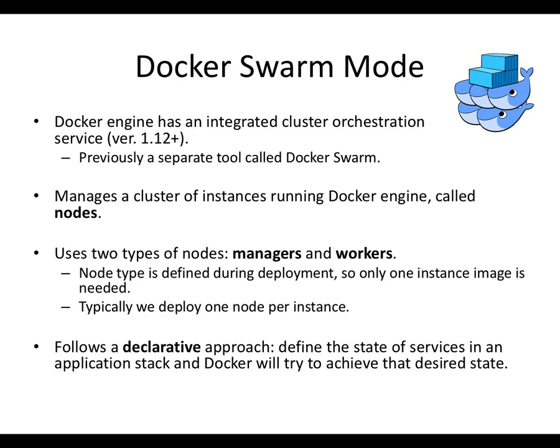And the other interesting thing about Docker Swarm is that when you're defining an application deployment in Docker Swarm, you do so in a declarative manner, as you'll see here shortly. So with something like Docker Swarm, what I would do is I would say, Docker Swarm, I want 5 Nginx instances.